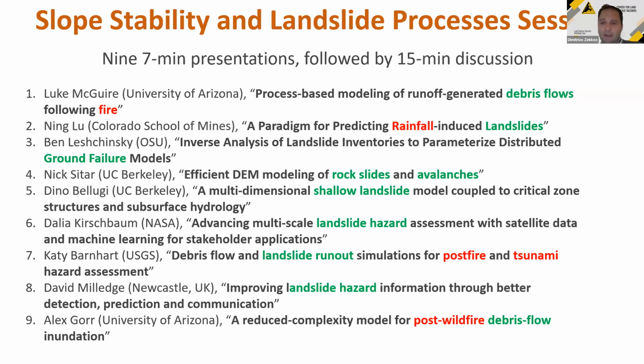There are a number related to rainfall, post-fire. You don't see too much earthquake here, but there was a session on that yesterday. Of course, earthquake is part of the whole system that we're looking at, and even tsunami. There are also a couple of presentations bringing in the monitoring and the hazard assessment part of it, which I think is really exciting.